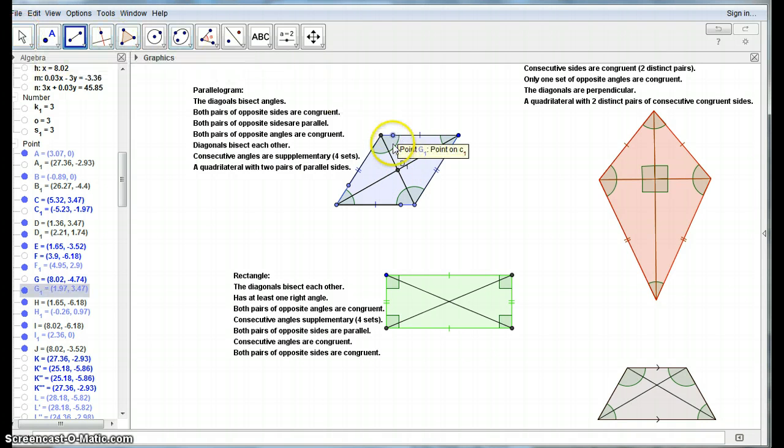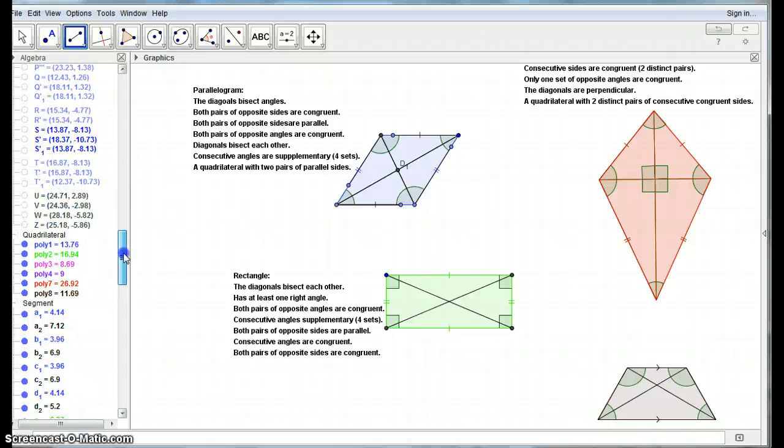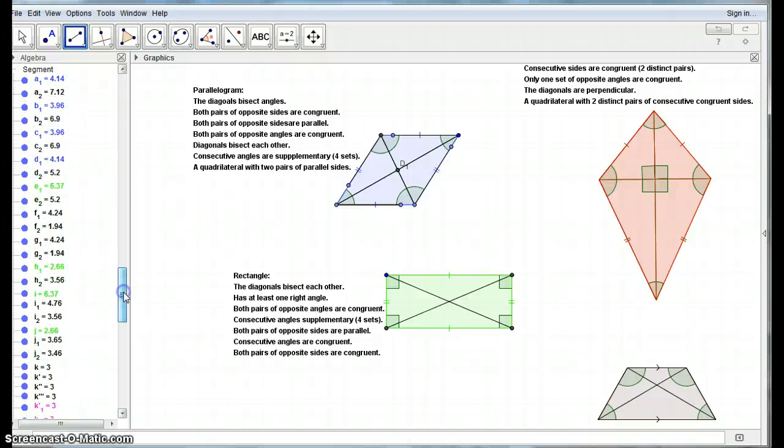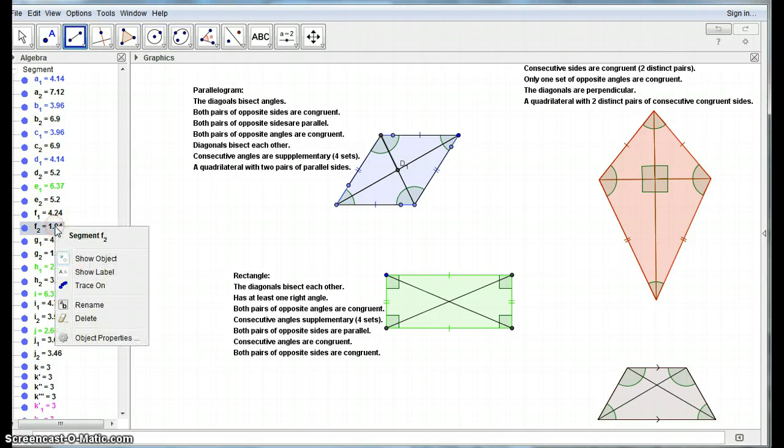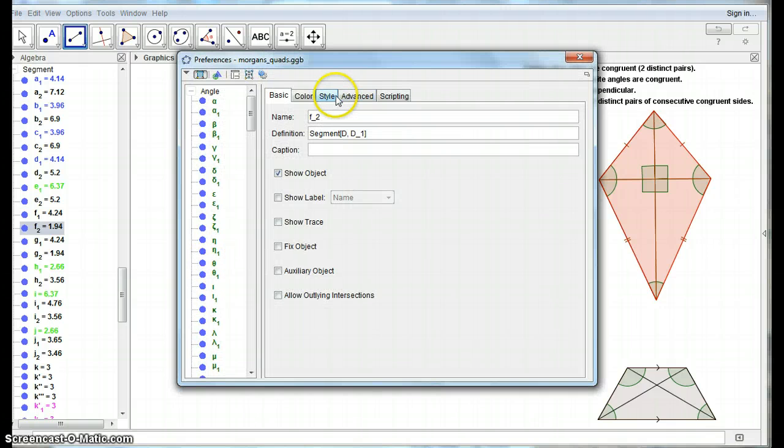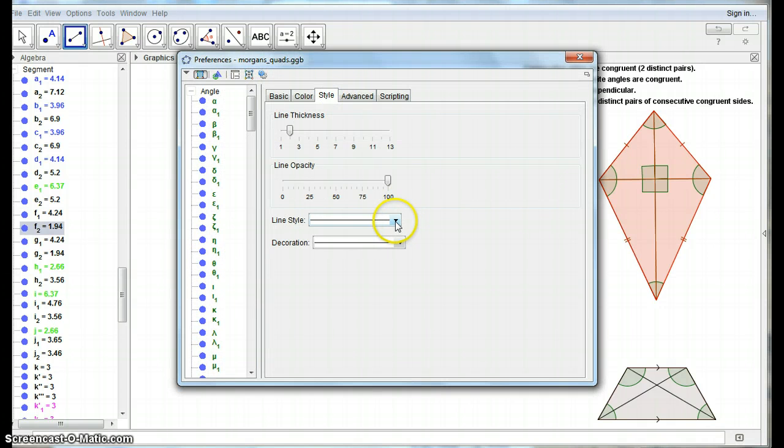So let's find the segment that we need. It's either I sub 2 or F sub 2. We're going to scroll down to segments. Where's F sub 2? We're going to go to properties and style and decoration.